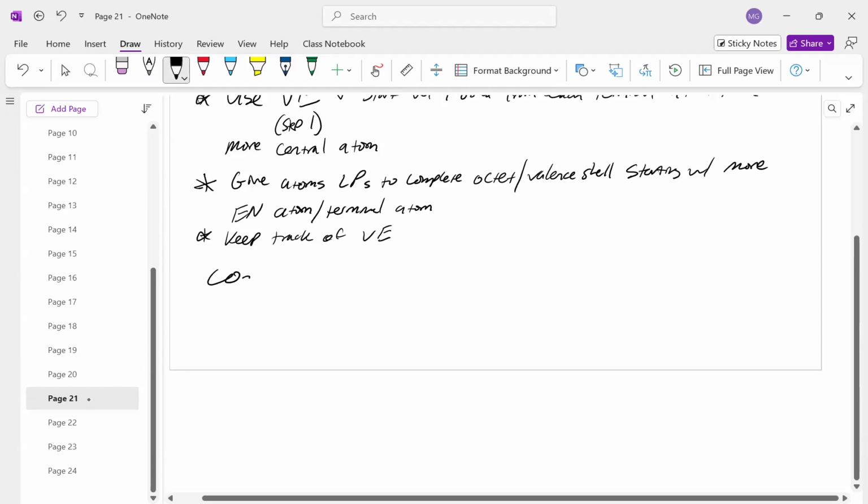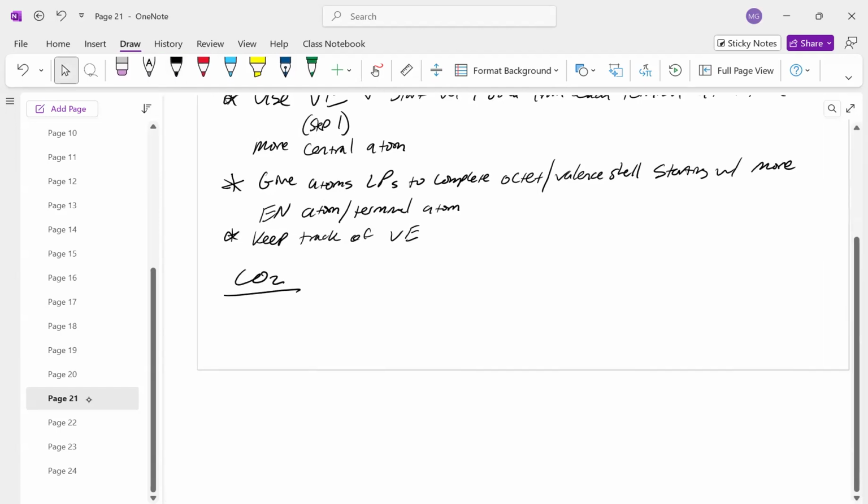All right, so let's start with CO2 again. In CO2, we said they should be arranged like this. Oops, not like that. We don't put the bonds in yet. So that's what we said on the previous page. Now what I'm going to do is put single bonds here. We've got 16 valence electrons. When I put those two bonds in, I'm going to take away 4, so I have 12 left.